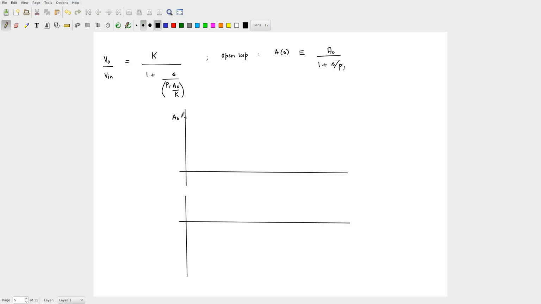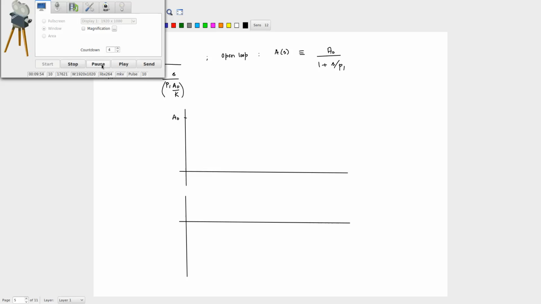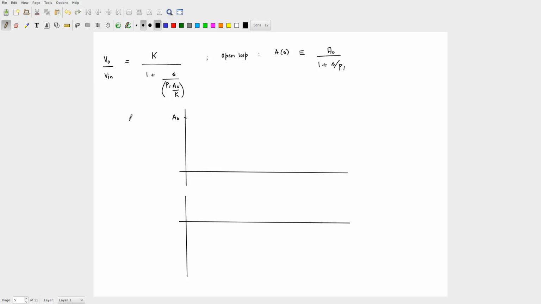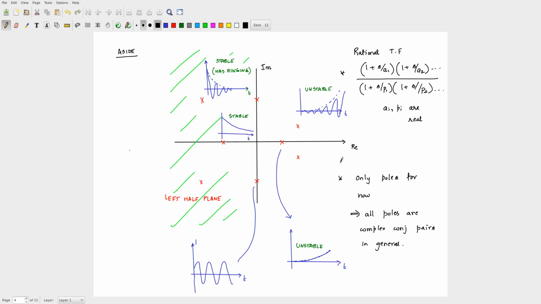I should start with A naught. Okay, so where's the pole for this? Pole is at minus P1. Okay, important point that possibly we should clarify here, right? I'll insert a page here.